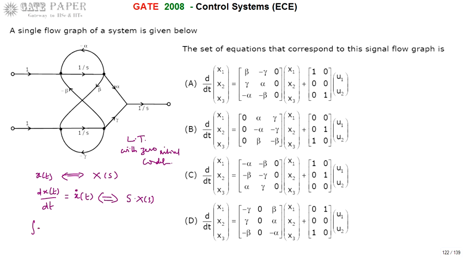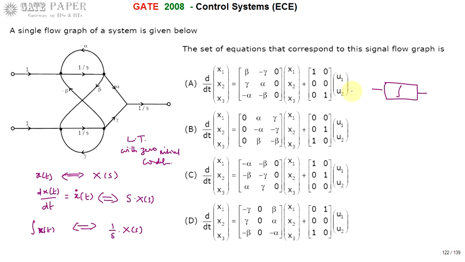Similarly, the integral of x of t is equal to 1 by s times x of s. You can understand it this way: let us assume there is a system which integrates a given input signal.